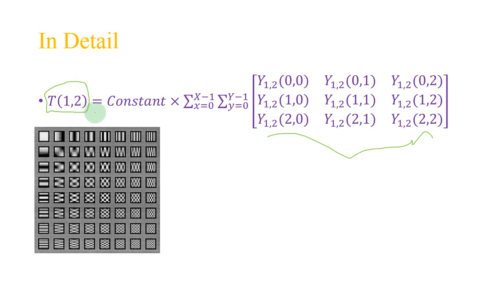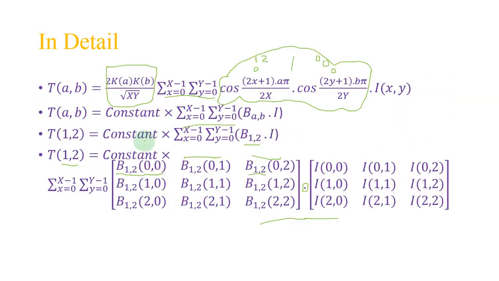Okay, we can calculate the t of 1 comma 2 using the basis method in which we take the dot product, or by directly putting the values in this equation we can obtain the value of t of 1 comma 2. So it can either be calculated using the basis method or by directly putting the values of x and y in this equation.